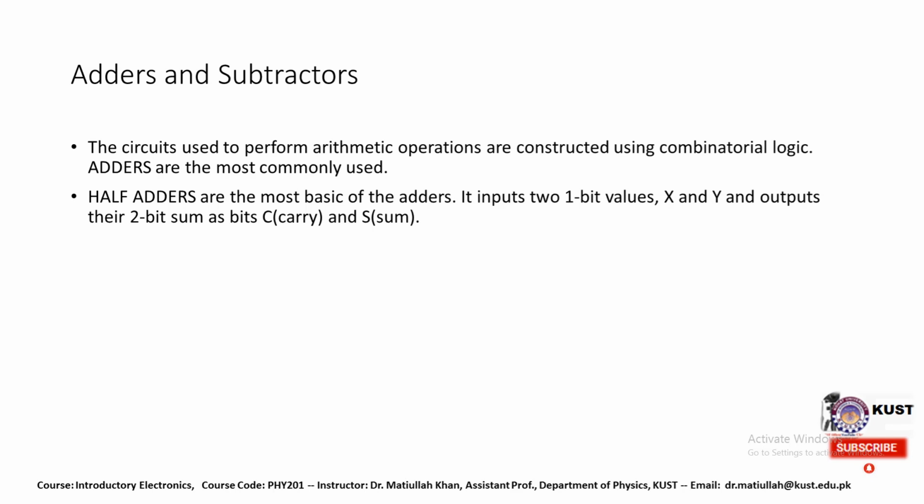We have basically two types of adders, already discussed in the earlier slides: the half adders and the full adders. The half adder is the most basic of the adders. The inputs are 1-bit values x and y, and the output is a 2-bit sum, a carry and a sum bit.